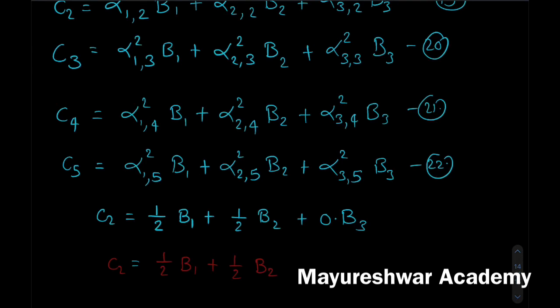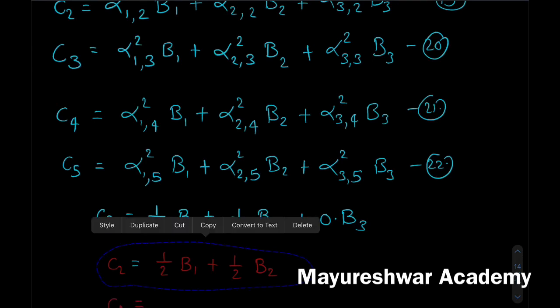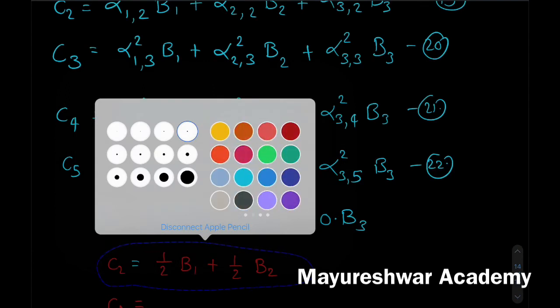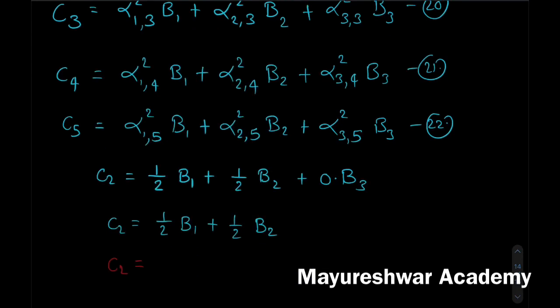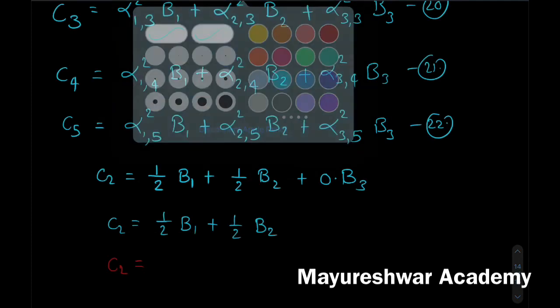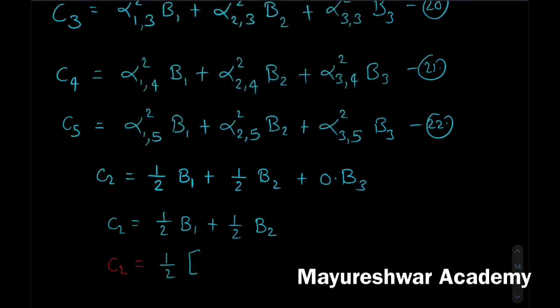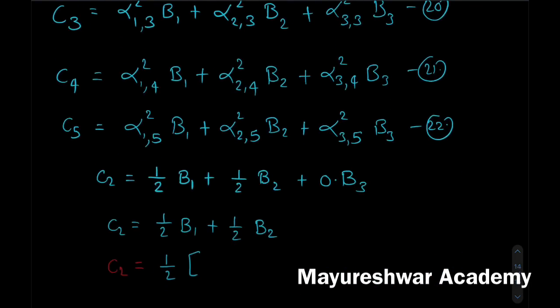Look for these weighting factors. Again, their addition is unity. So C2 comes out to be, let us substitute the values of B1 and B2 as well. B1 coefficient was given as 0 comma 0.